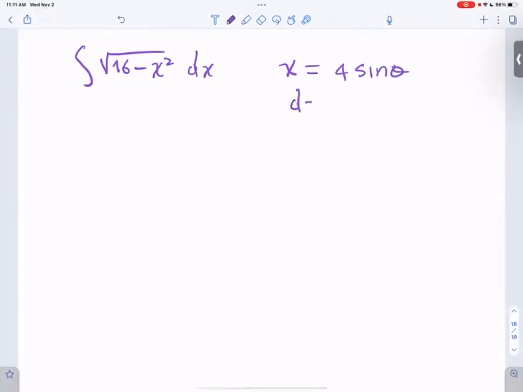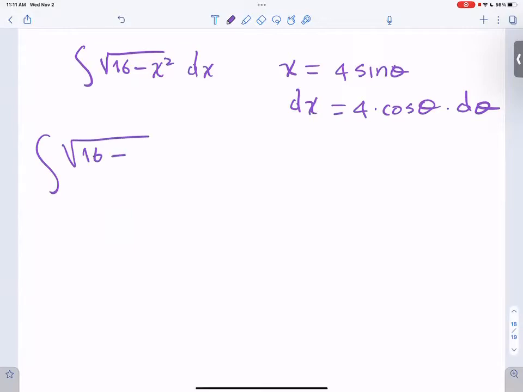And my dx will be the derivative: 4 times cosine of theta times d theta. The substitution gives the square root of 16 minus 4 squared sine squared theta, times 4 cosine of theta d theta.